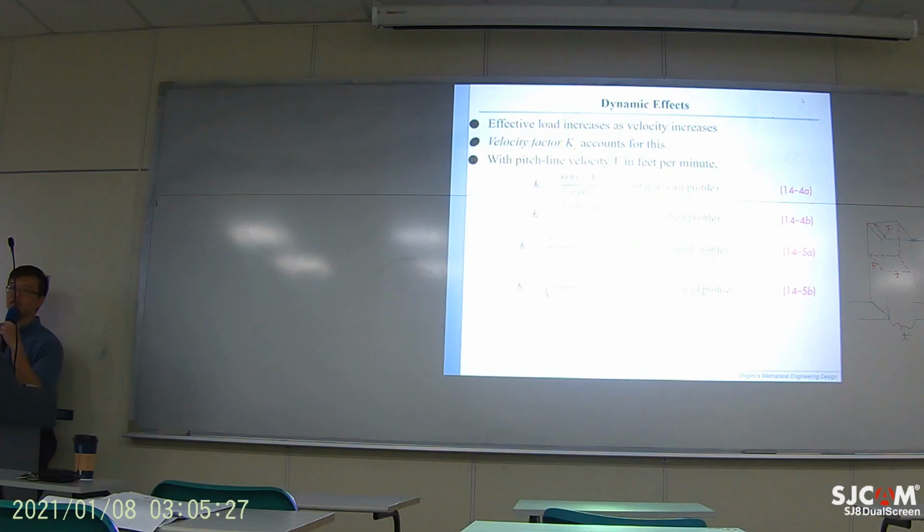So one factor is called the velocity factor. So depending on different velocity, the stress inside the tooth changes. And when you see equations like this, sometimes you will see different versions of equations.